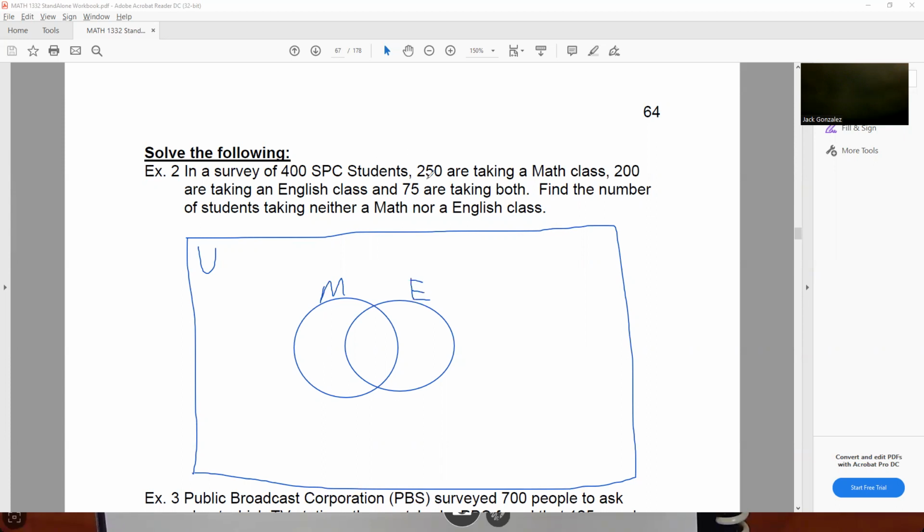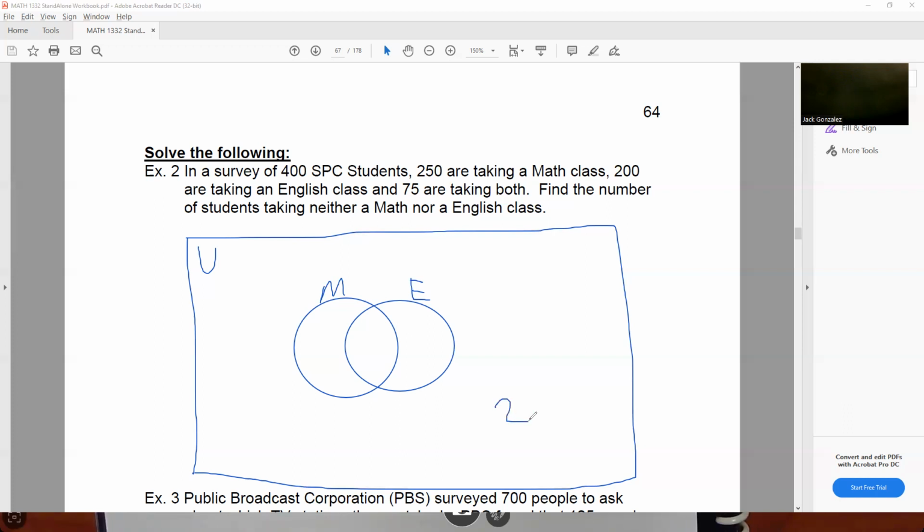I know this one, the total is 400. 75 for taking both. So if you add these together, what's 250 plus 200, minus 75? Because if we assume they're overlapping, like we have in this picture, then there's 25 unaccounted for, right?